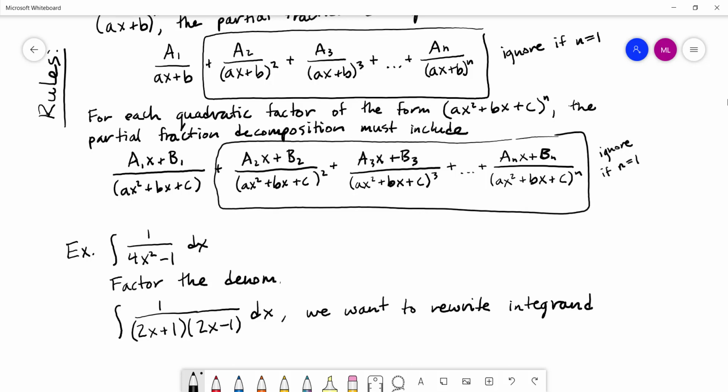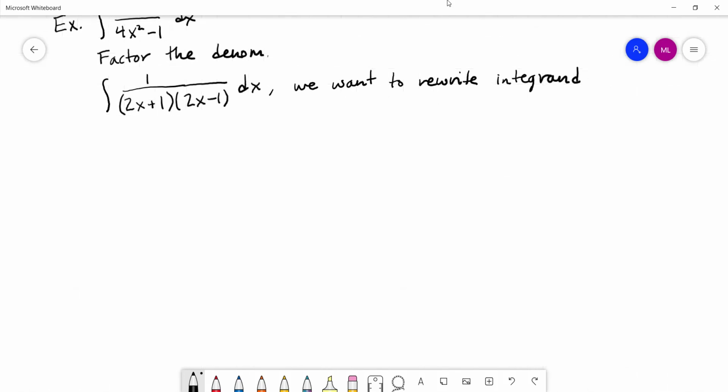You're welcome to use subscripts if you'd prefer, but you're also welcome to just use different letters. I could just call this like capital A, capital B, and so on for these various problems. So the idea is I want to figure out how I can rewrite this piece, not as a single fraction, but as two different fractions.